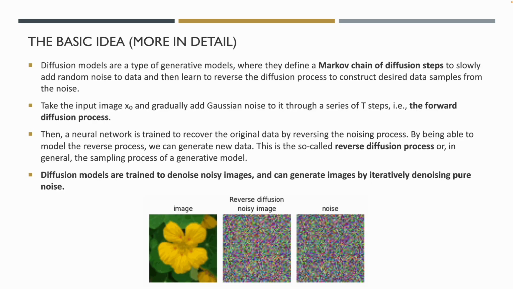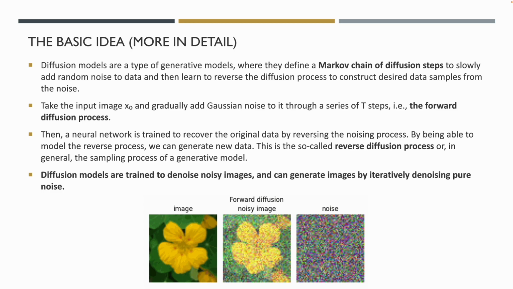So diffusion models are a type of generative model where we define a Markov chain of diffusion steps to slowly add random noise to the data. And then we try to learn to reverse the process of diffusion to construct desired data samples from the noise. The process can be structured in two main steps.